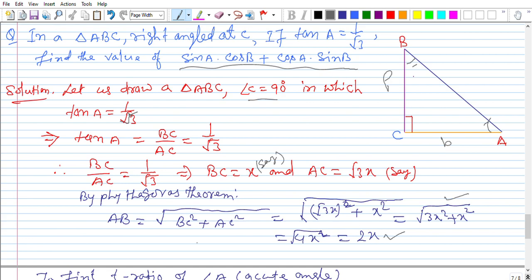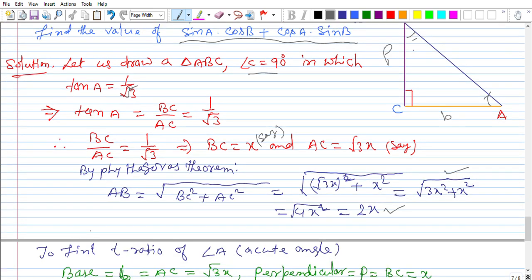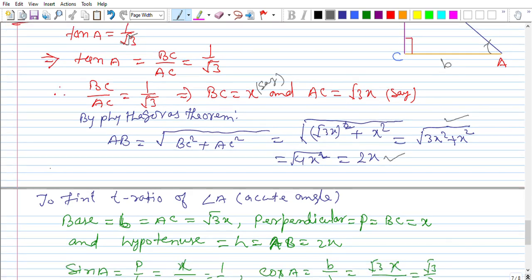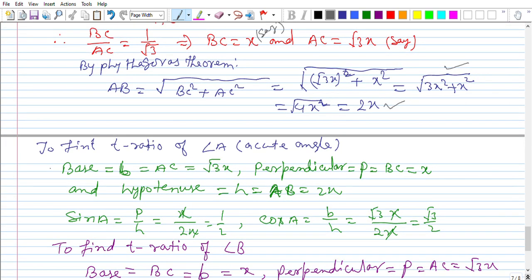To find trigonometric ratio of angle A, with respect to angle A, we can write base equal to B equal to AC equal to root 3x, perpendicular equal to P equal to BC equal to x, hypotenuse equal to H equal to AB equal to 2x.